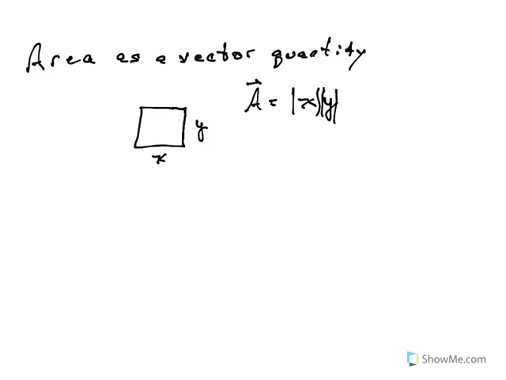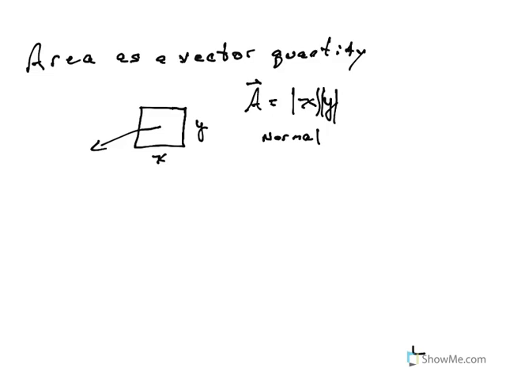So what we're going to do is define the area as a vector to have a direction which is perpendicular or normal to the surface itself. And so if this is the little window, the area is pointing out or in, depending on which direction you want to make the positive direction.